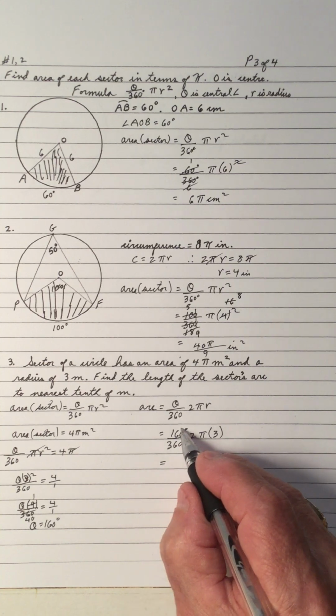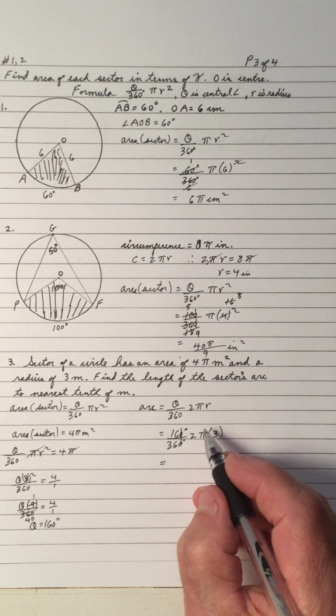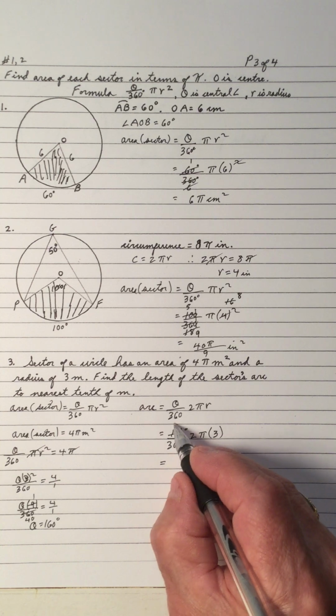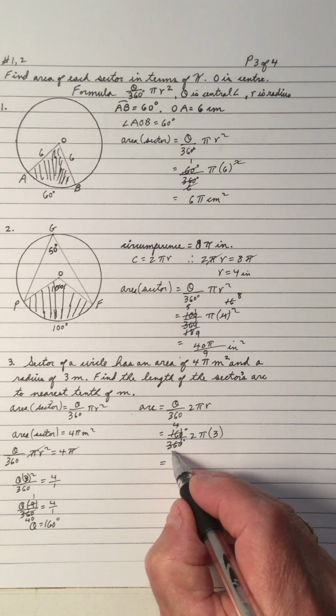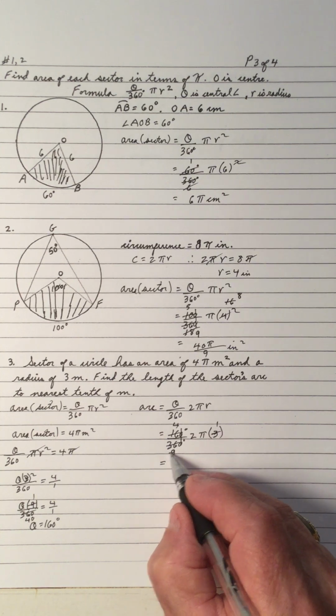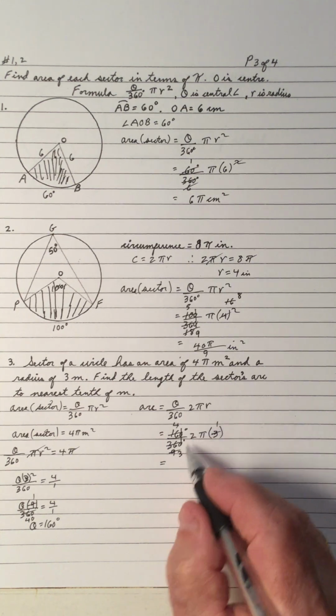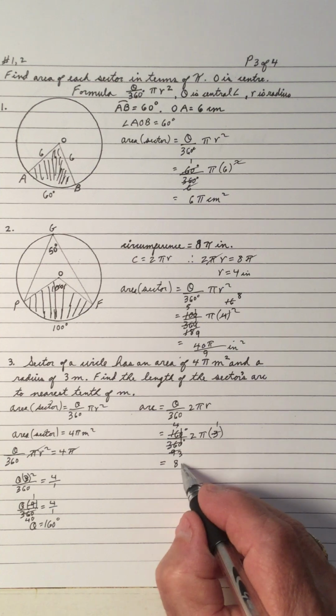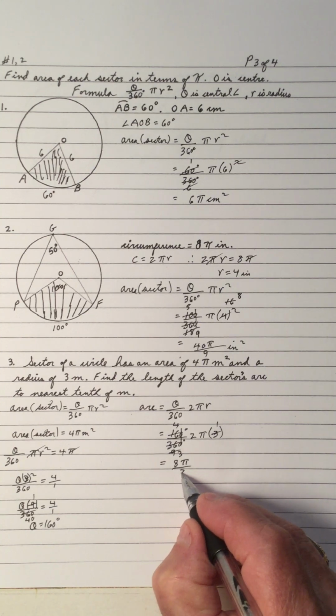We reduce, cancel out the zeros, dividing by 10. 4 into 16 goes 4, 4 into 36 goes 9, and 3 into 3 goes once, 3 into 9 goes 3, so that gives us 8 pi over 3.